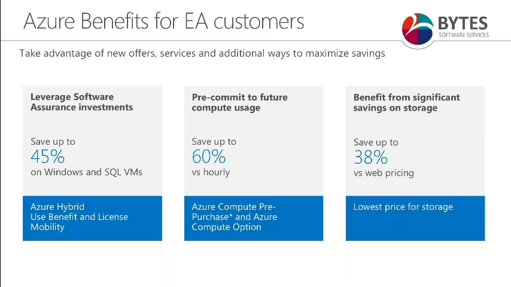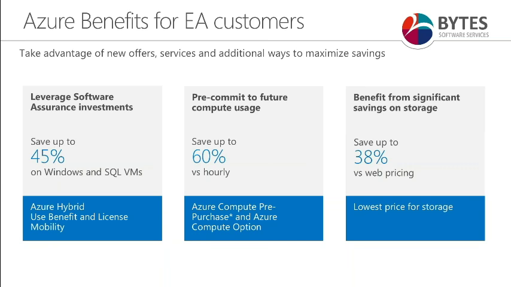You've got dual use rights. So if you've got software assurance on Windows Server Datacenter today, you can now use those in Azure at the same time, which effectively gives you a saving of up to 45% in terms of the cost of an Azure VM. So effectively you pay the Linux rate rather than the Windows rate, so the license is already taken care of by your Windows Server Datacenter license.